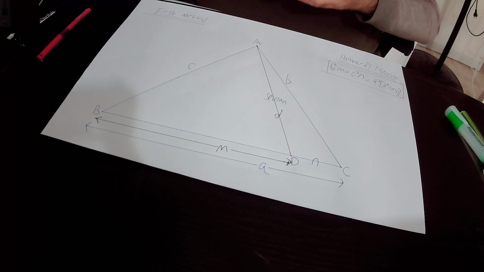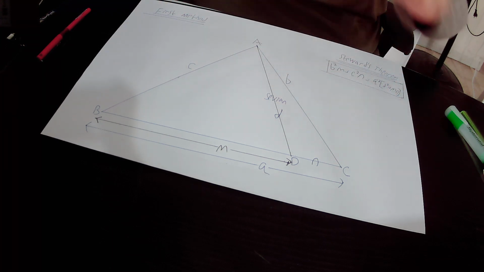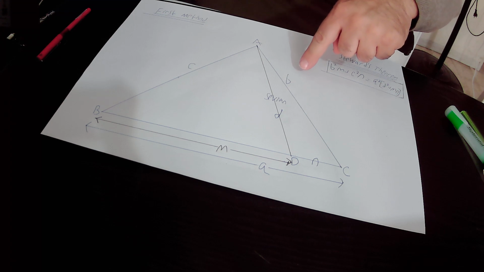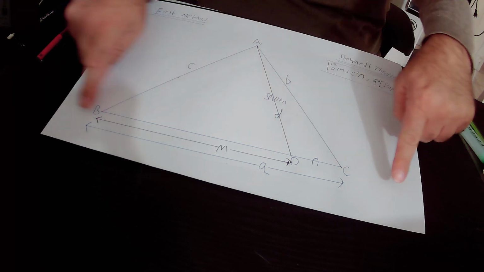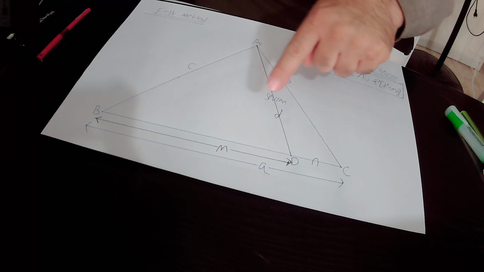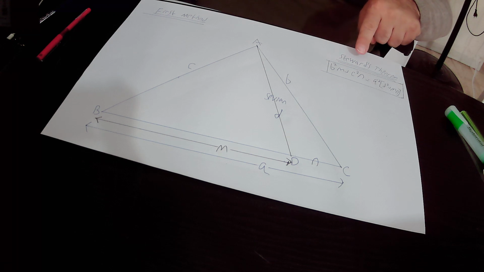So, repeat again that Stewart's theorem yields a relation between the lengths of the sides in the triangle to the length of its Cevian. And according to Stewart's theorem, the following equation is true: b squared times m plus c squared times n equals a, and we open brackets.